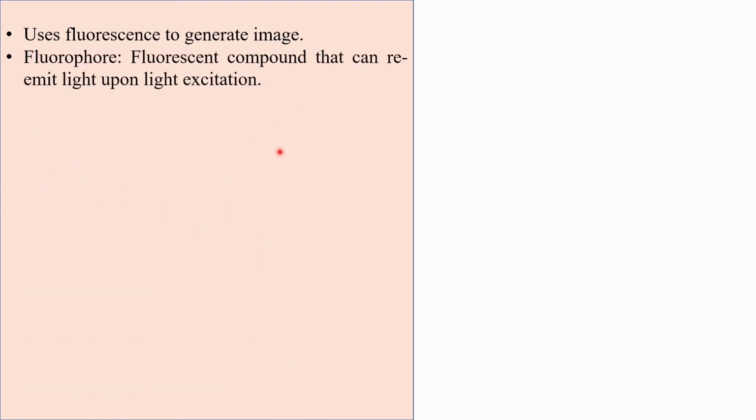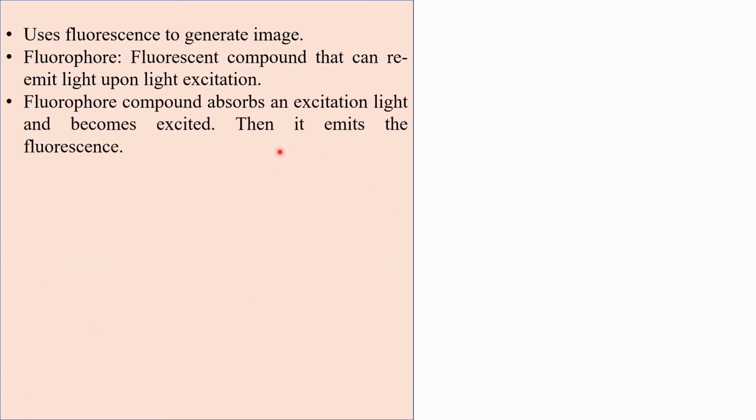A fluorophore is a compound that can re-emit light upon light excitation. What does that mean? That means a fluorophore compound absorbs an excitation light and becomes excited. Then it emits visible light. If you want to know about the mechanism of fluorescence, please check my last video in this microscopy lecture series. I am providing the link below.